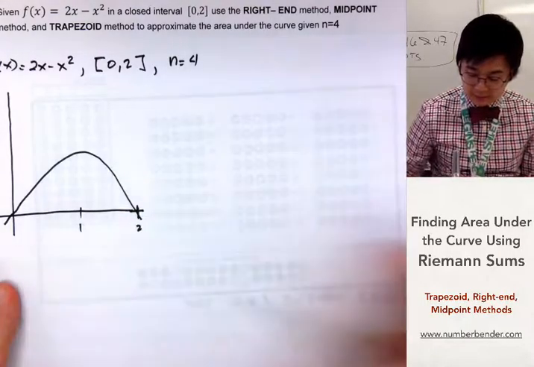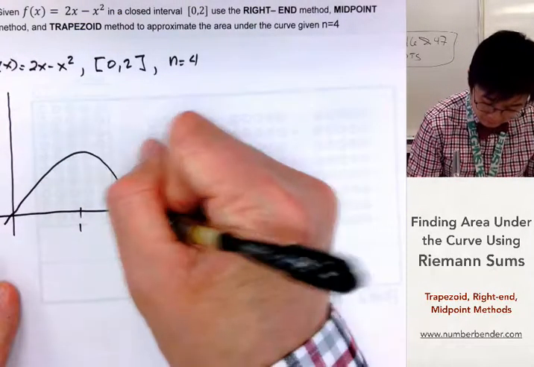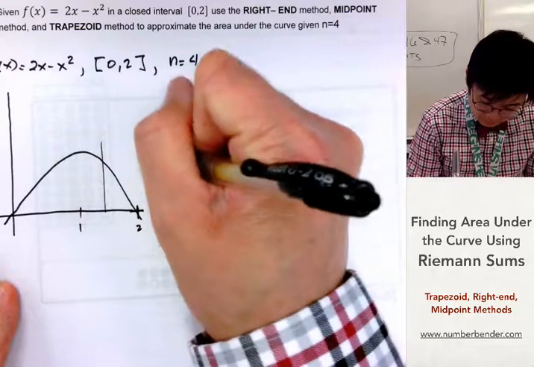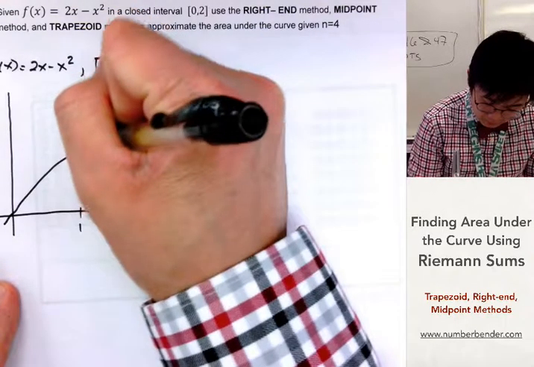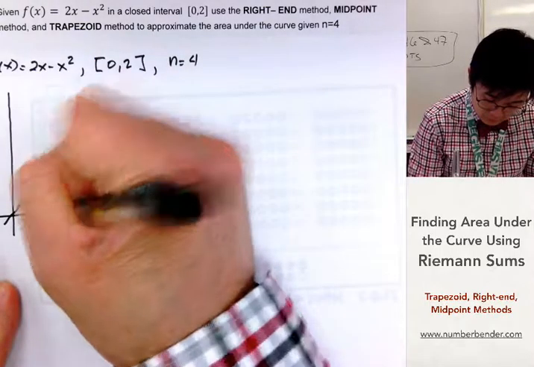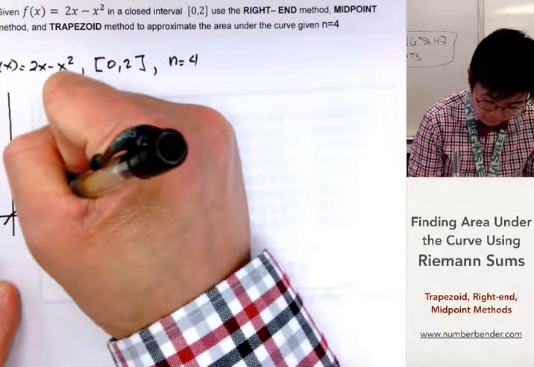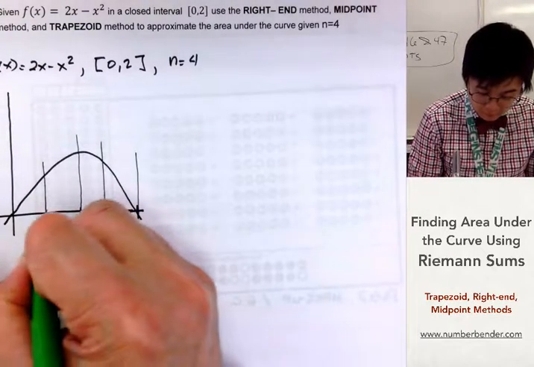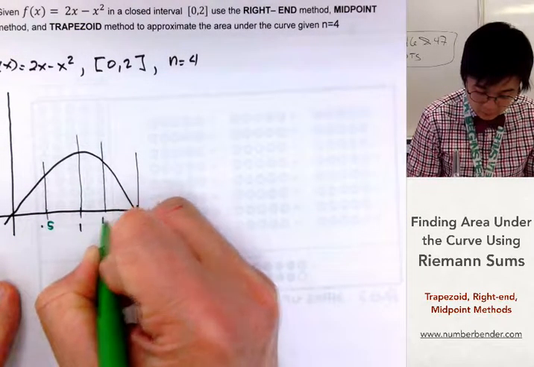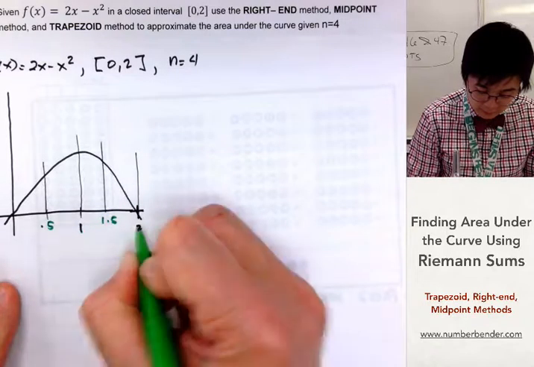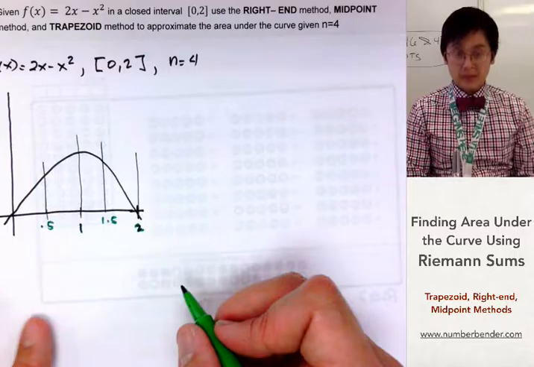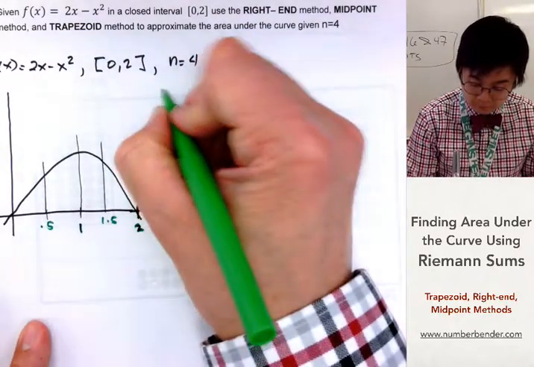And yung gitna niya would be, so yung mga values niyan would be 0.5, 1.5, at saka 1 and 2. So yan yung mga values ng x natin para sa ating table.